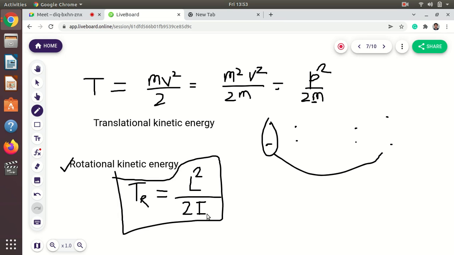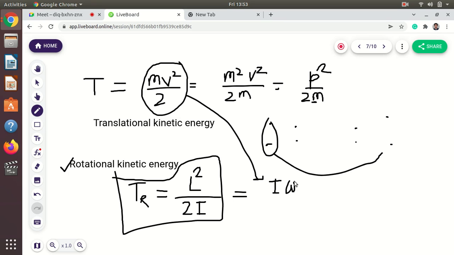If you can put the value of L, what will be the kinetic energy of rotation? Or instead of this, you can use this definition, use analogy. Instead of m, I can write I. Instead of v, I can write omega.